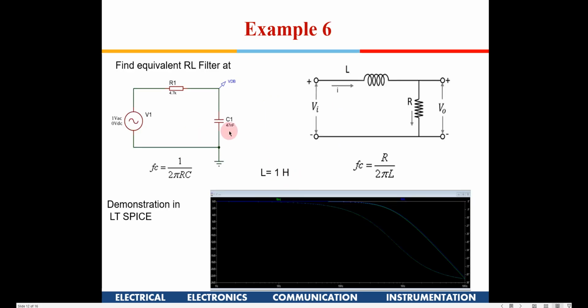Similarly, instead of an R and C like this, we can implement the same circuit with L and R also, for the same frequency. In this case, again you can compute the frequency like this. If you keep R constant and find the value, it will be 1 Henry. These two circuits behave exactly the same, and I will demonstrate this phenomenon also.